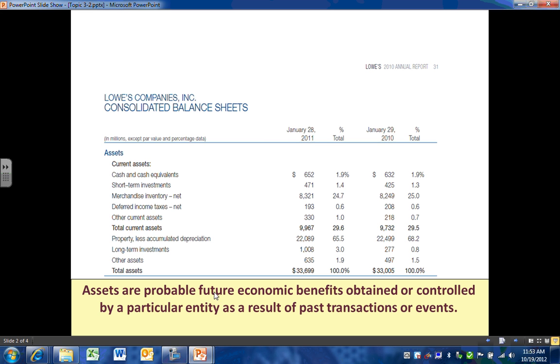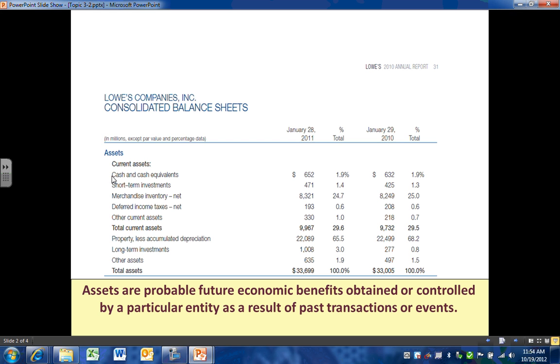Again, an asset has to have future value. It has to be controlled by the entity as a result of something that has occurred in the past. Here we begin our presentation of assets by presenting current assets first.